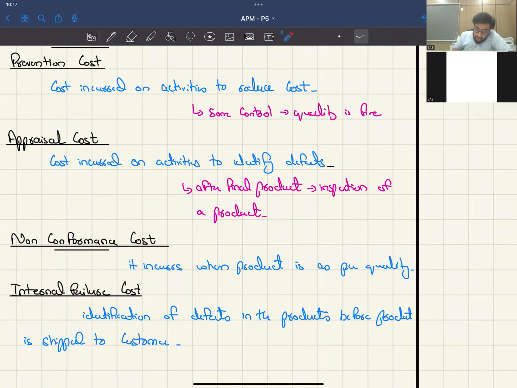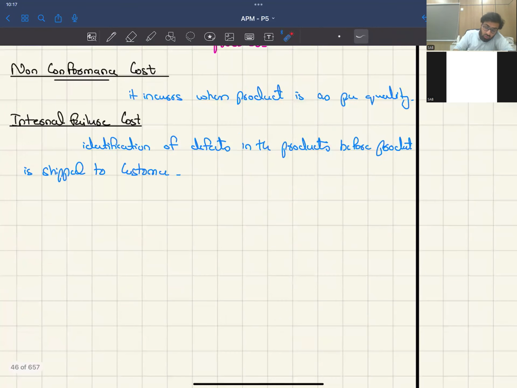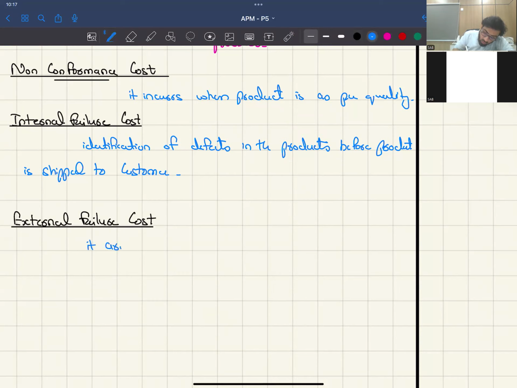Okay, now you haven't shipped it, so the customer won't be angry because they haven't got the wrong product. You make sure that you now deliver the right one on time, but then you have another cost here, and that's external failure cost, right? Now, what's that?